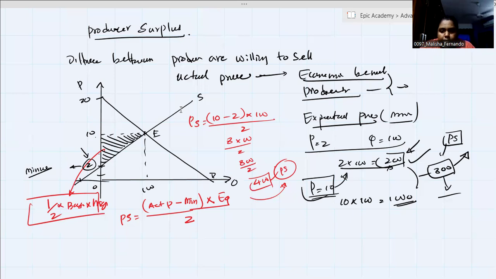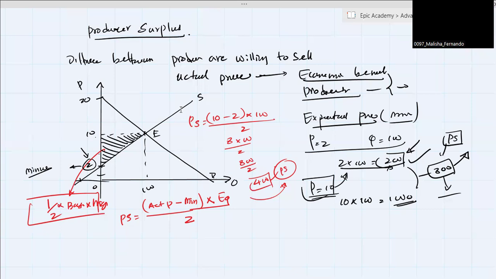Okay, right. And then we have to identify several other activities enforced by the government: maximum prices, minimum prices, price ceiling, something like that.